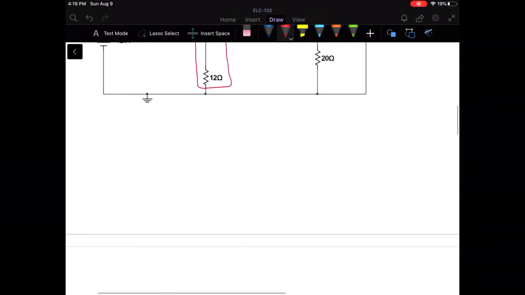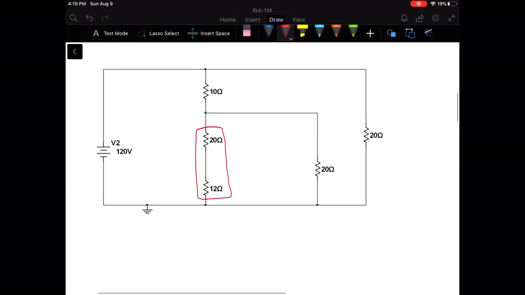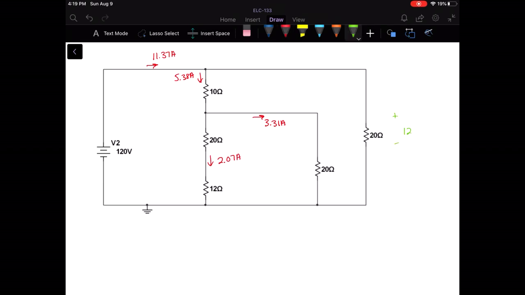We'll go back one more level. We have our 11.37 amps here. We still have 5.38 amps here, or 3.31, 2.07 amps. We still have 120 volts out here.